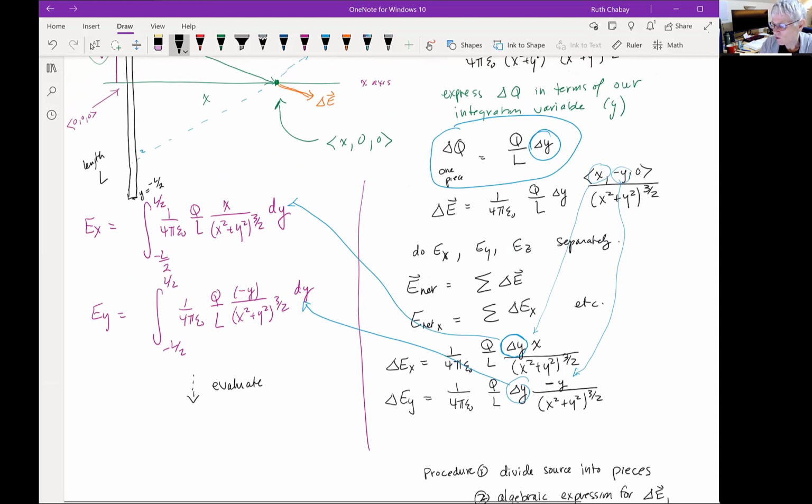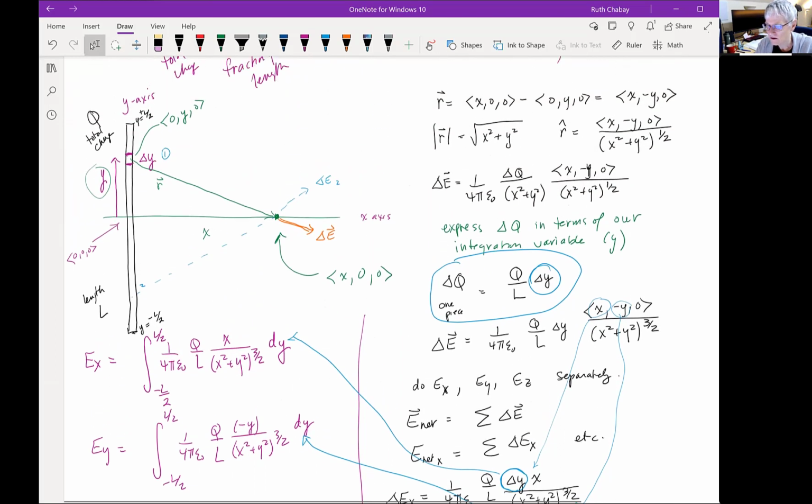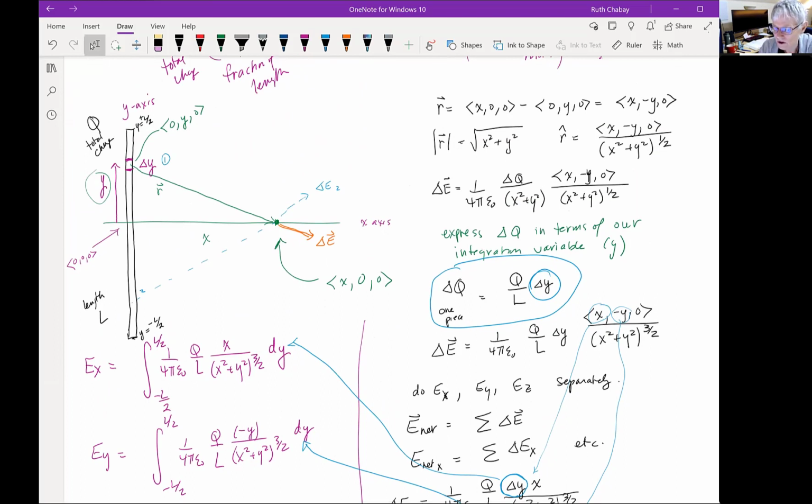Okay, this is really important. Why is it dy instead of dx? Because the thing that was changing is the position of the piece that's contributing to the electric field. So we picked this little piece here that had a length delta y.